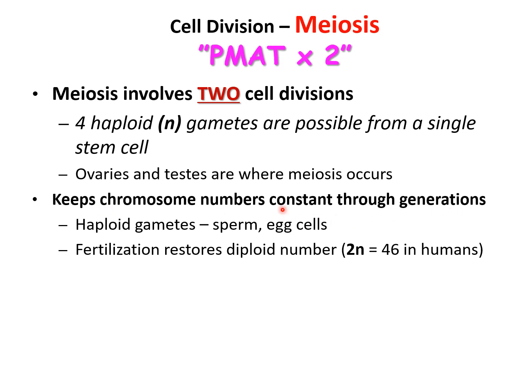It does keep from inflation. If we didn't undergo this sort of specialized division, and there's also a swapping of genes, it's really amazing. By reducing it, let's say you had a diploid sperm and a diploid egg. Then when those two merge, that would be 4N, and you'd have to have some kind of special division.